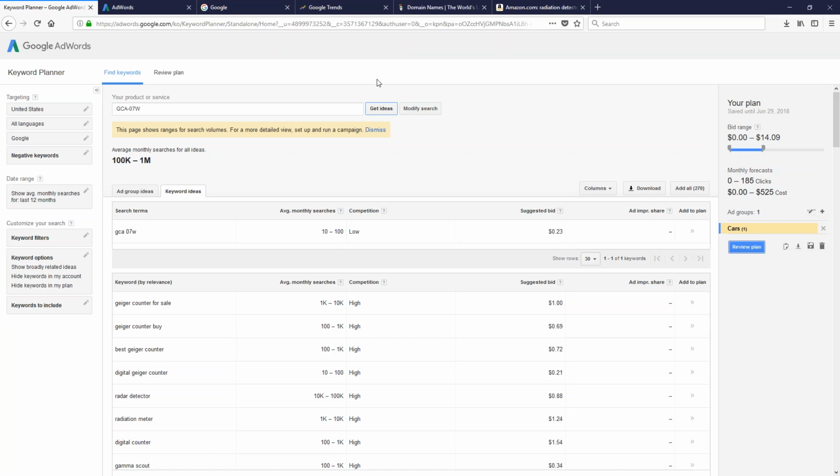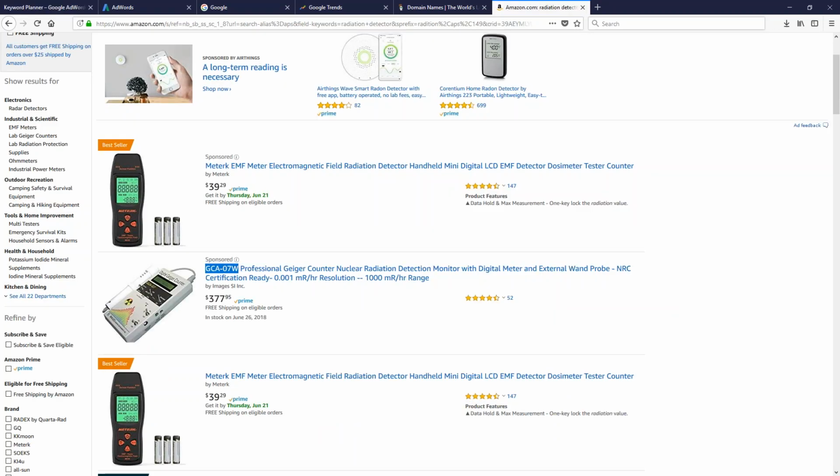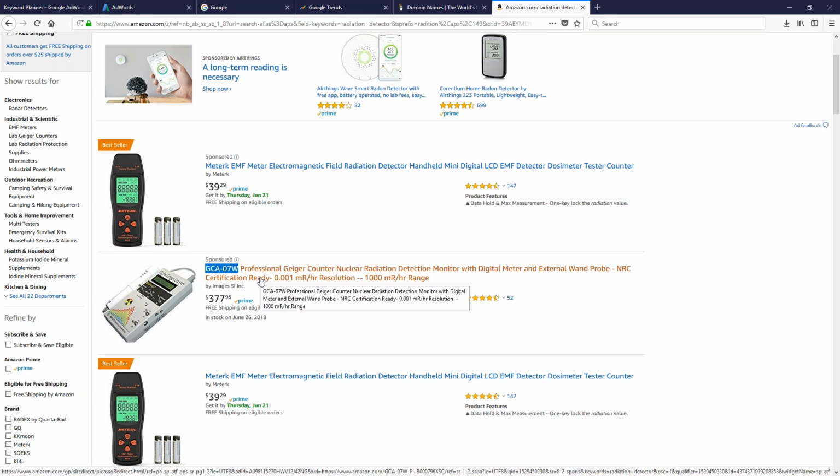So for a product like this, I wouldn't expect to have a ton of demand or a ton of search traffic anyways, because it's a really expensive product. It's really mainly going to be used for professionals within this field that would actually use this product now, and not really for somebody that's preparing for some kind of a natural disaster.